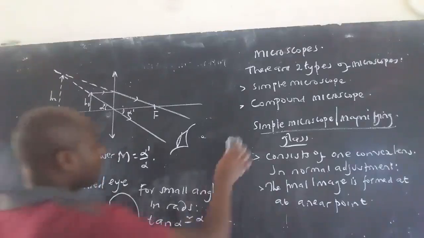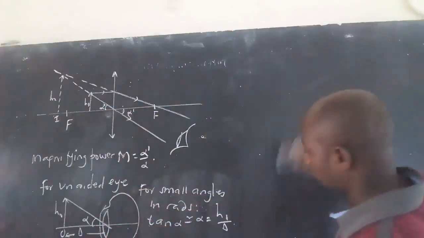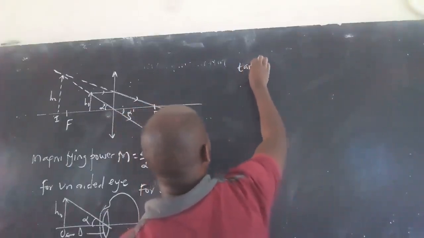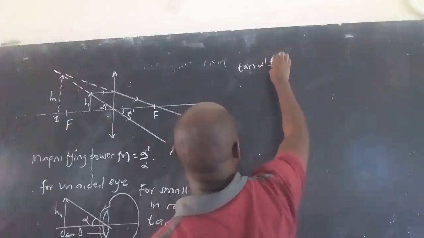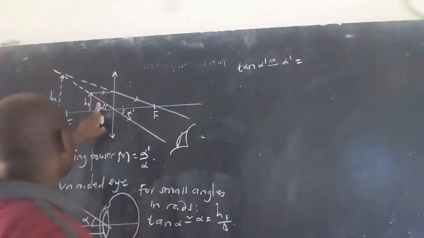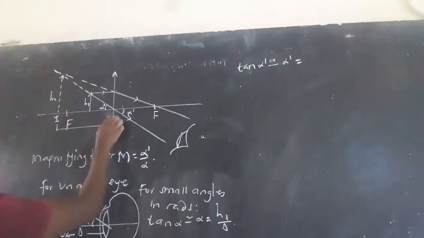What about tan of alpha prime on the diagram? We say tan of alpha prime is approximately equal to alpha prime, which gives us H2 divided by the distance. So this distance is D because it is formed at a near point. Okay?